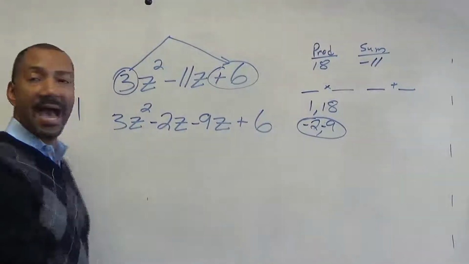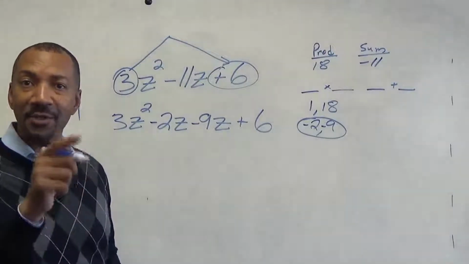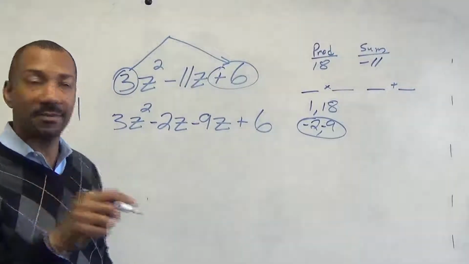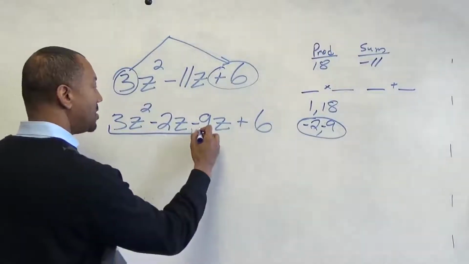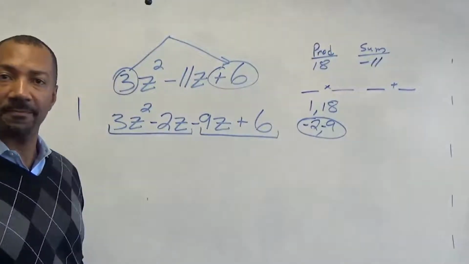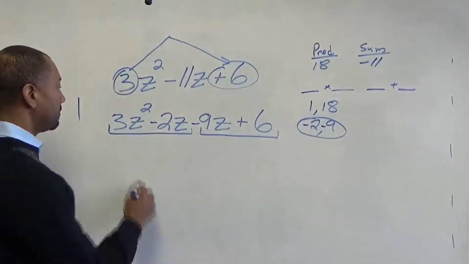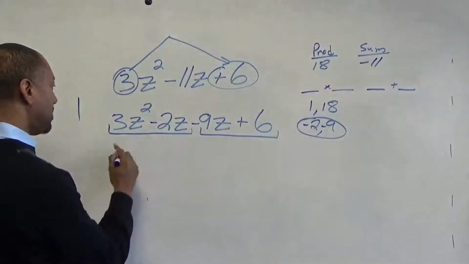Now I have 4 terms, which you know means you can use grouping. Here's one group. We'll factor that one, then we'll come back and factor the second one. Let's do that. I see that the greatest common factor for these two appears to be a z.